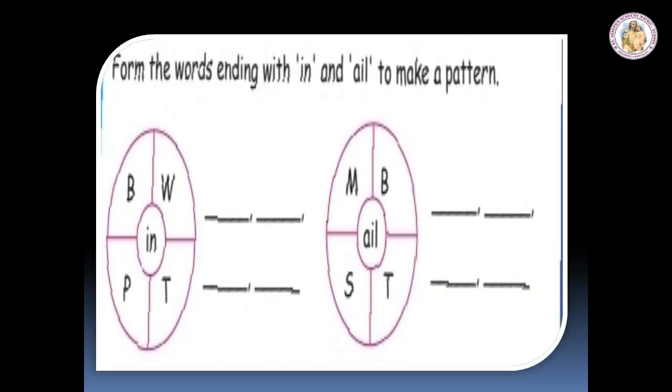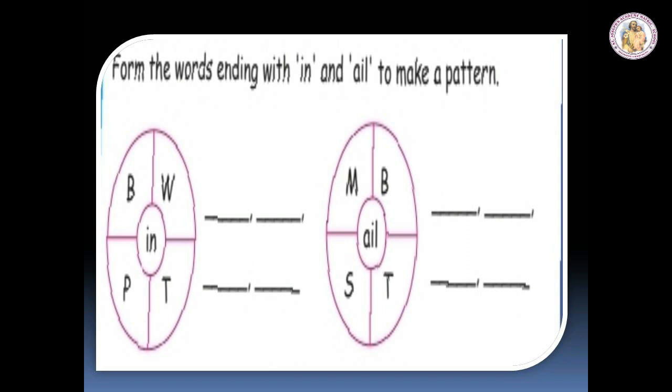Children, this is a small activity: words ending with IN and AIL to make a pattern. Here I have given a circle. From that you will get the first letter of a word, and the circle in the center has IN. You have to make a connection and write it in the dashes.